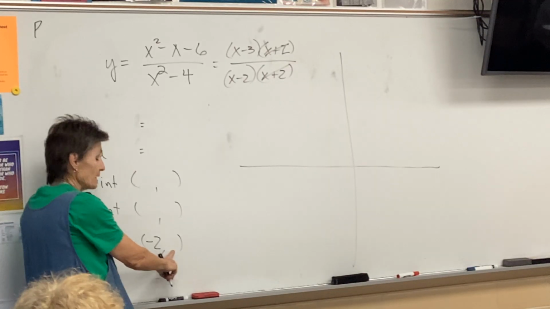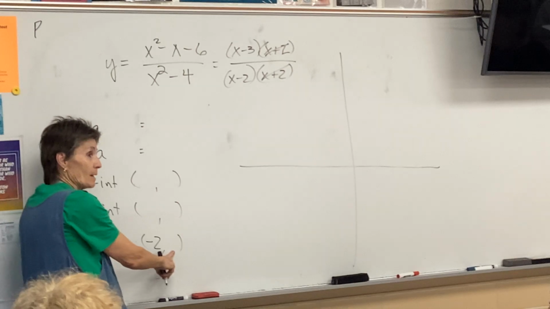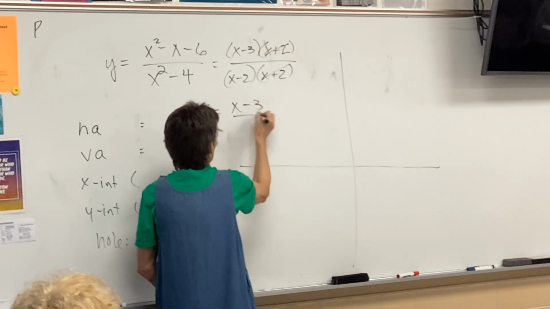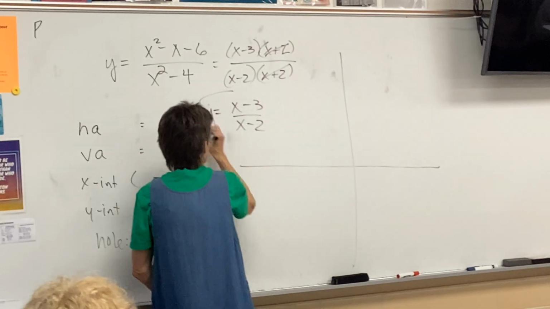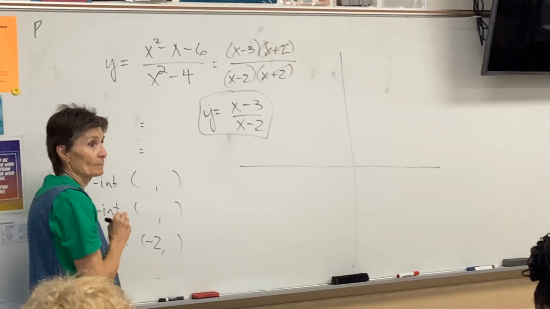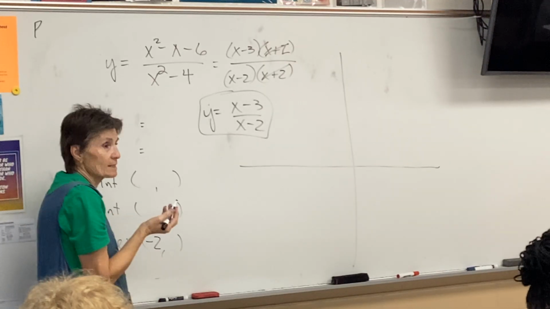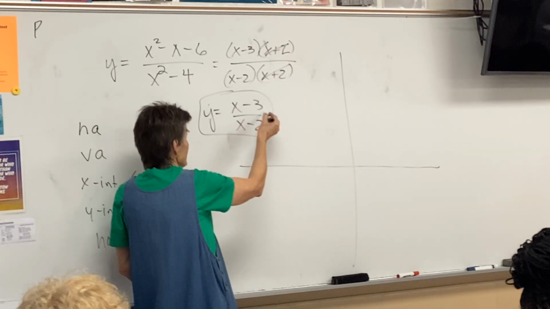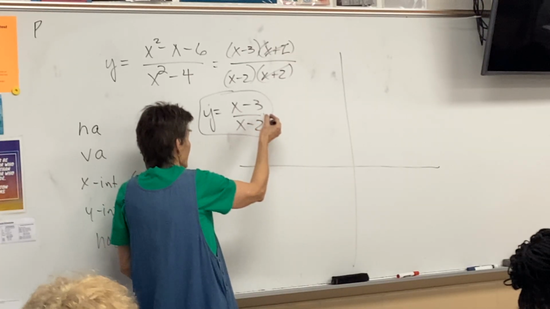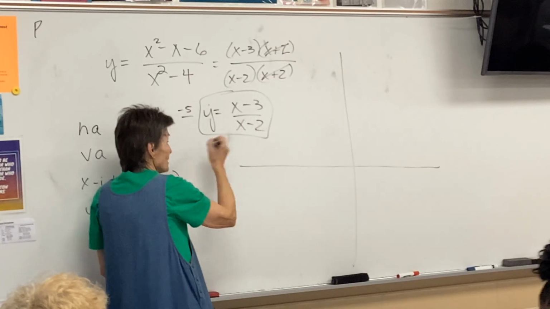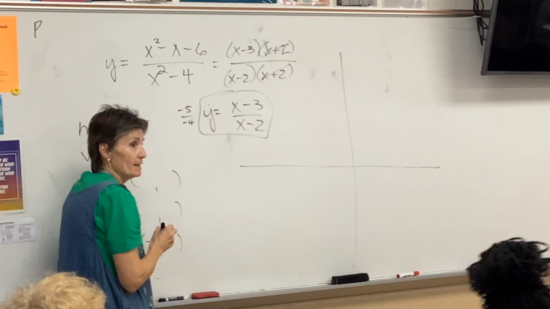All right, how do I find that number? What I have left here is this. So I'm going to plug negative 2 in there. And you usually get something weird, that's fine. Negative 2 minus 3 is negative 5. And negative 2 minus 2 is negative 4.